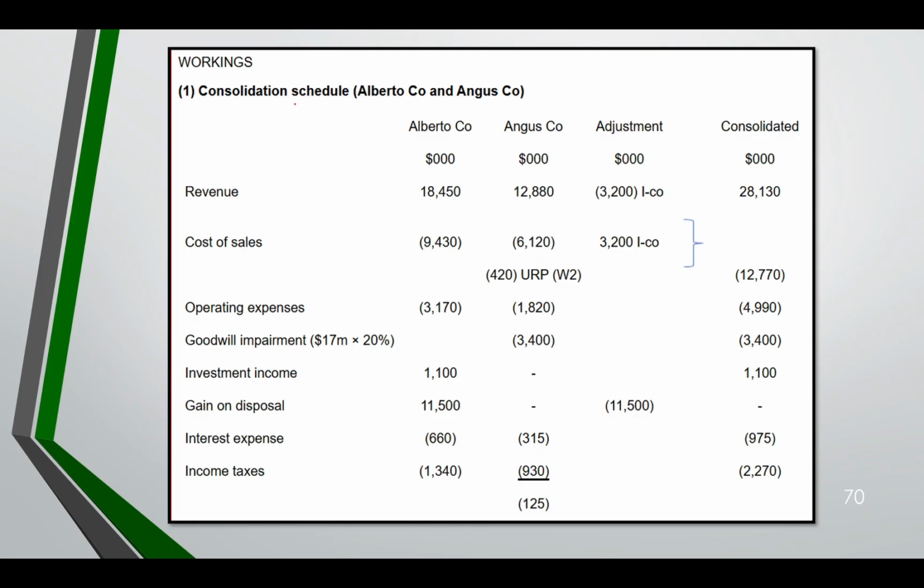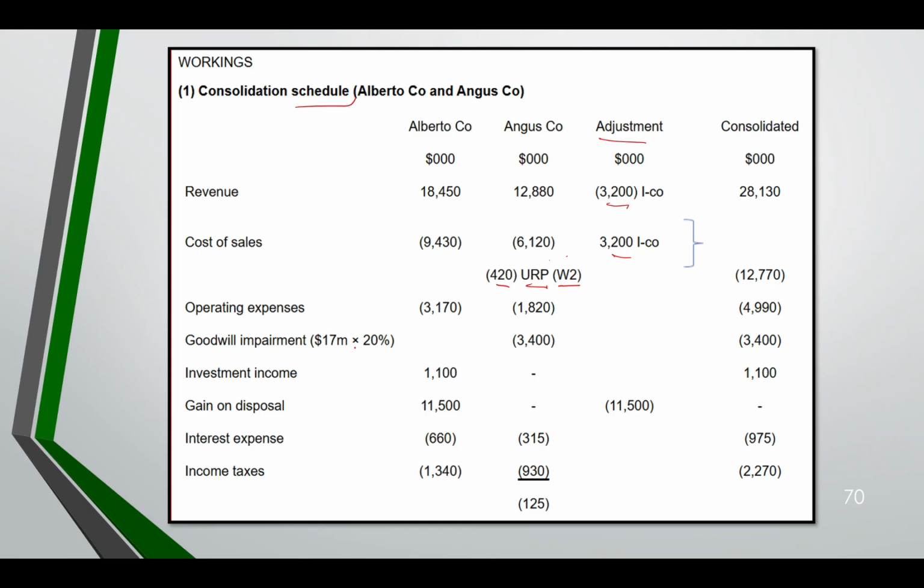Here we had a schedule, and this is the adjustment because we had some intra-group sales that we have deducted here and added in cost of sales. Then we have an unrealized profit calculated in working 2, which we have to deduct from this subsidiary's cost of sales. Why? Because he is the one who has sold to the parent.